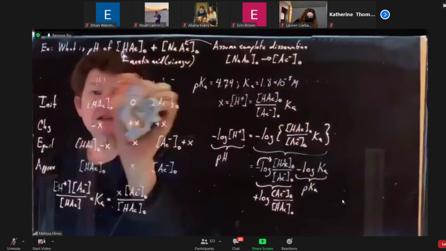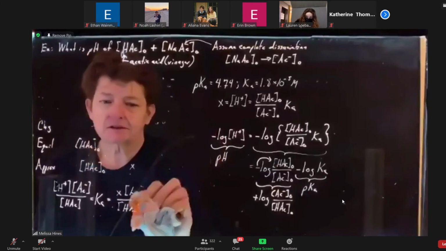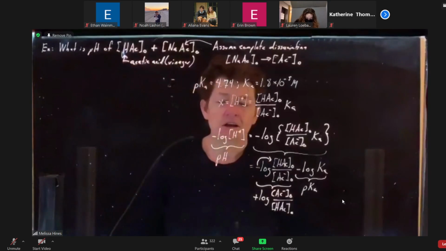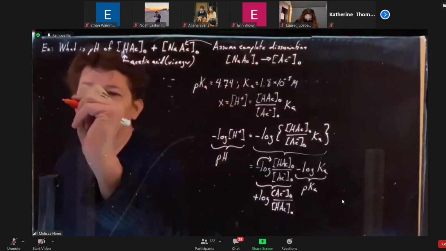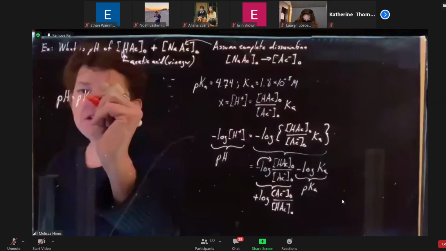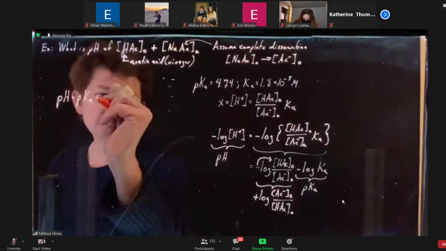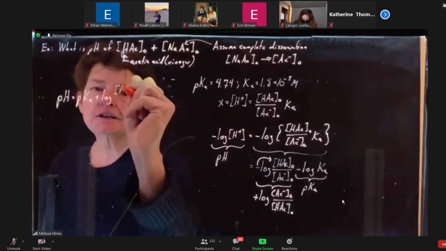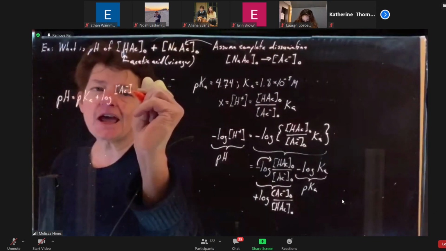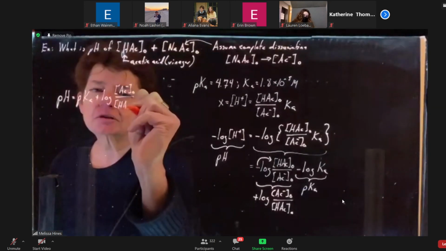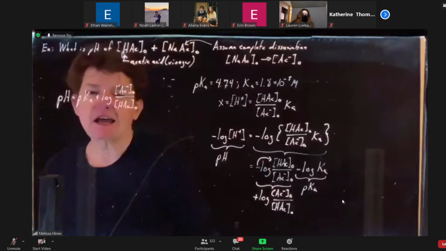Let's now get some board space so we can collect all of our terms and write this out. What I have just shown you here is that the pH of my solution is going to be equal to the pKa of acetic acid plus the log of our initial concentration of acetate ions divided by our initial concentration of acetic acid.